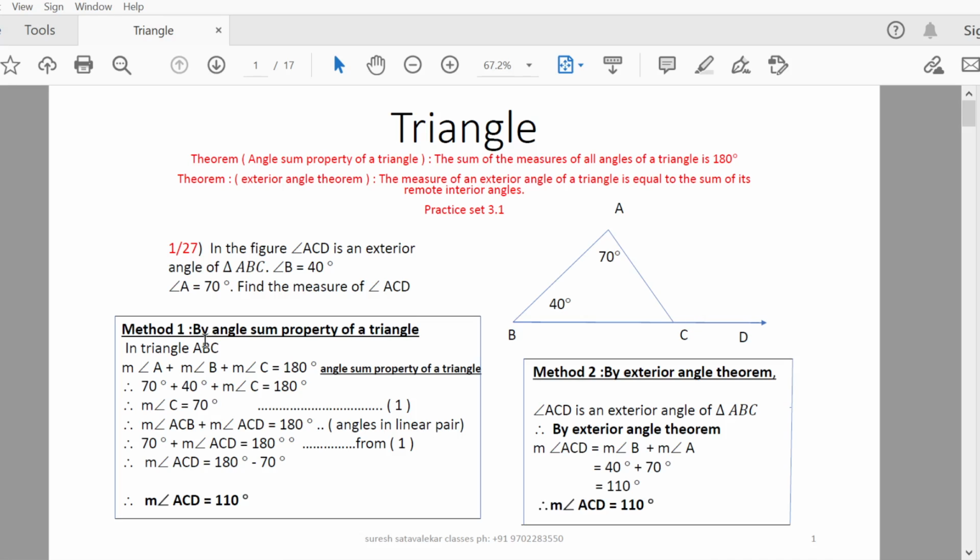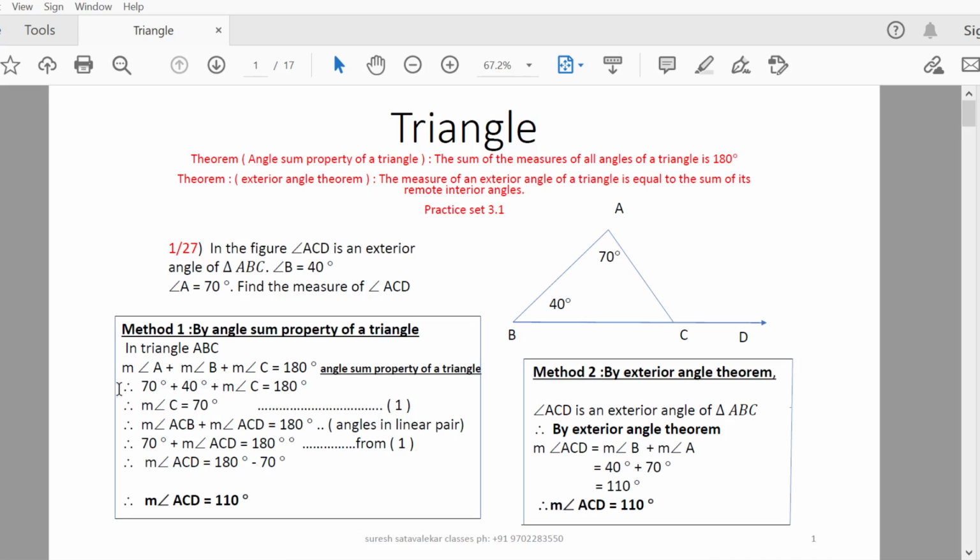Now here, method 1 is by the angle sum property of a triangle. In triangle ABC, measure of angle A plus measure of angle B plus measure of angle C is equal to 180 degrees. Now measure of angle A is given as 70 degrees, measure of angle B is given as 40 degrees, measure of angle C is not given. So we are rewriting the same thing, equal to 180 degrees.